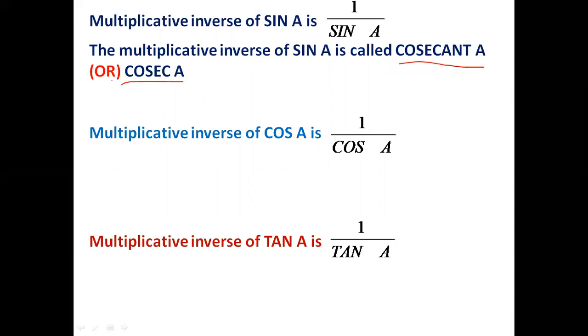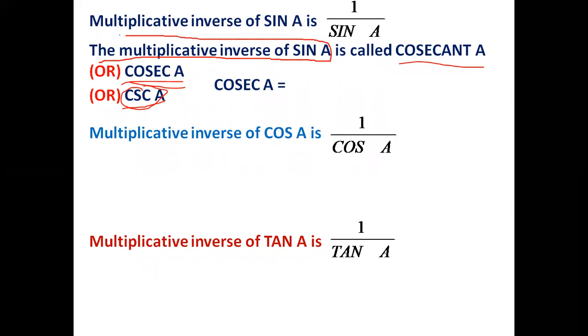That is the multiplicative inverse of sin A. Sometimes this cosec A can be represented as CSC A, which means nothing but cosec A. What is the multiplicative inverse of sin A?